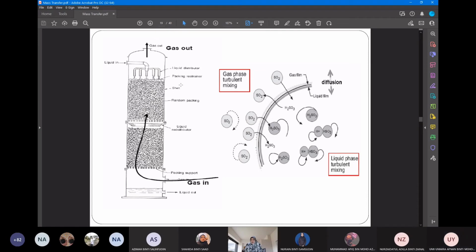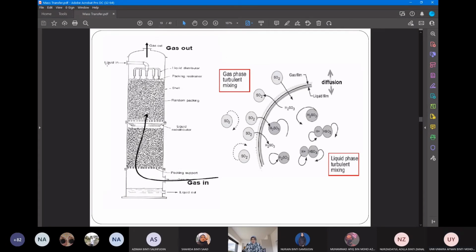So there are many things that you can do, but the diffusion only takes place at the thin film. That must be understood.